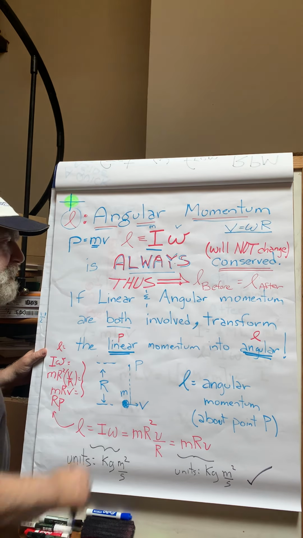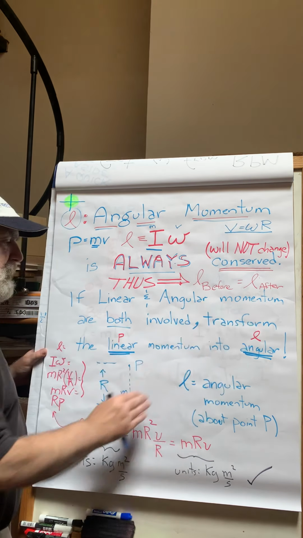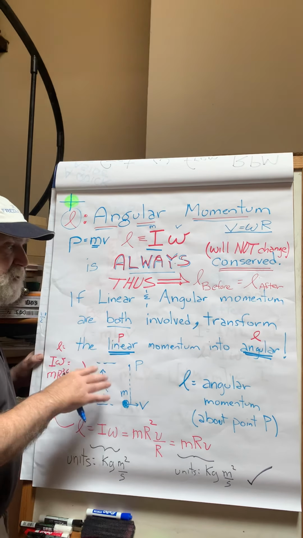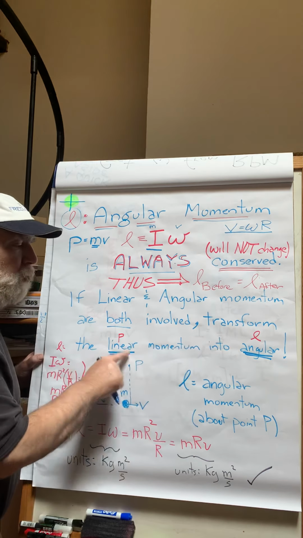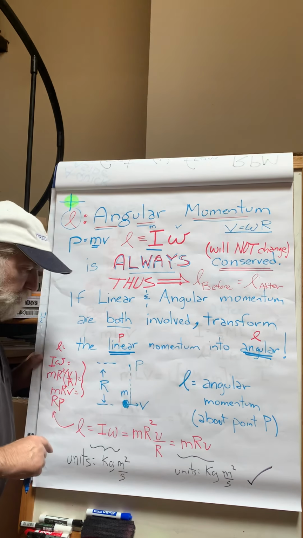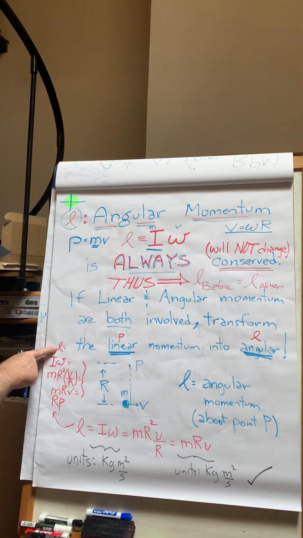And if you think that both linear and angular momentum are being involved in the same problem, and they will be in just a second, you have to transform the linear momentum into angular. How do you do that? Well, the angular momentum is I omega.